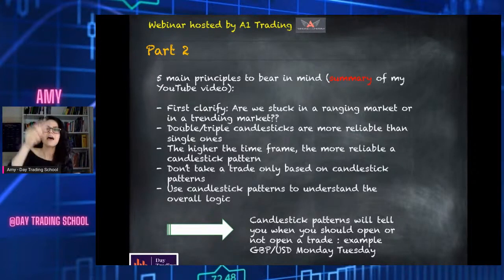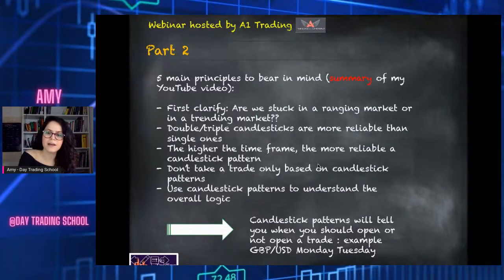As I said, a gravestone occurring at the end of a downtrend doesn't say anything, does it? A gravestone doji at the end of an uptrend would give you a reliable signal. So ask yourself, this candlestick in this location, does it make sense? Yes or no? And don't take trades only based on candlestick patterns.